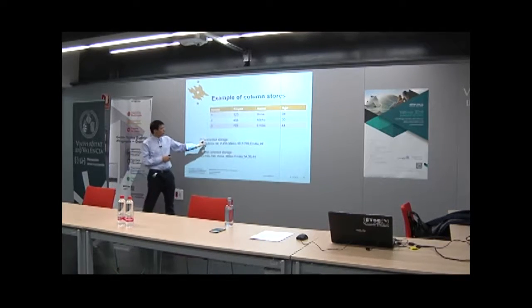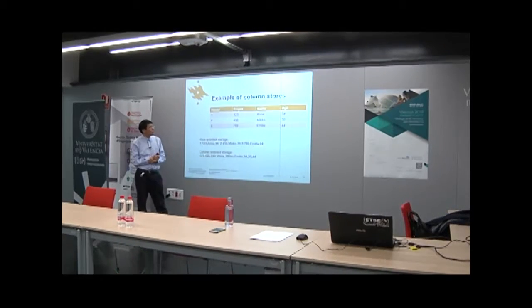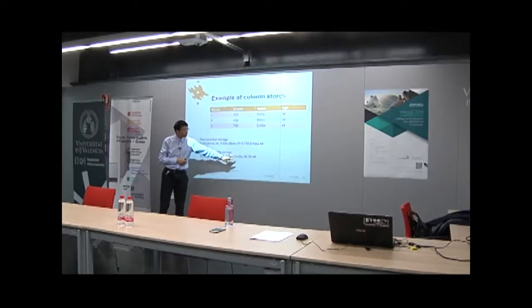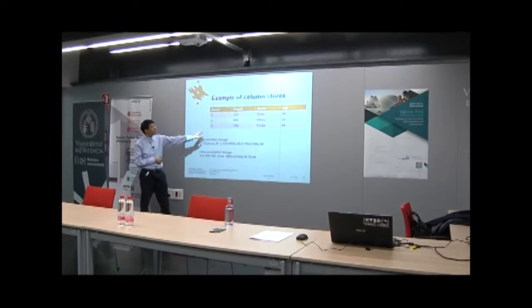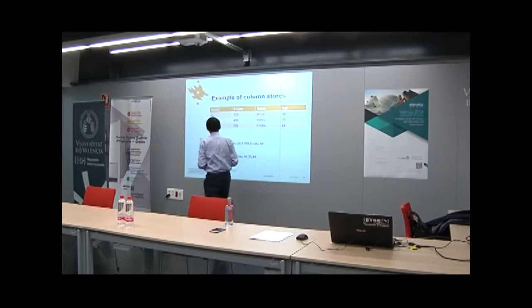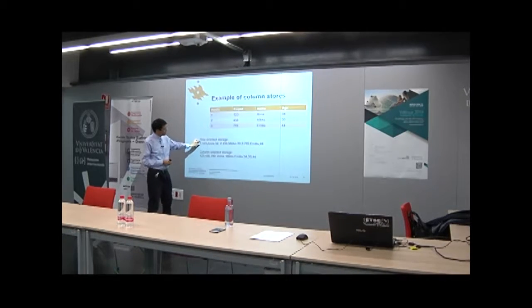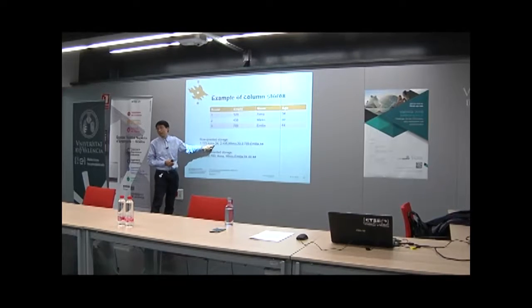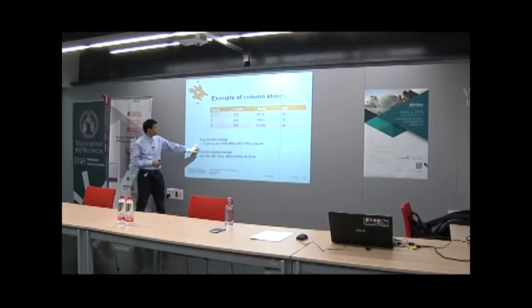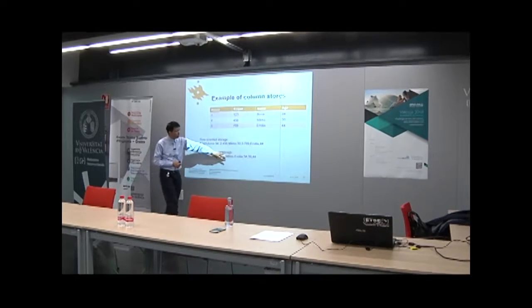But if we use column storage, then we have to do a seek operation in different blocks of data. For this example, to retrieve this row of information in row-oriented storage, we can just access this one block of data. But with column-oriented storage, in order to get this row of information, we have to access different blocks.